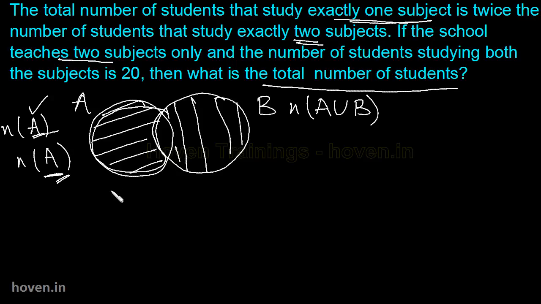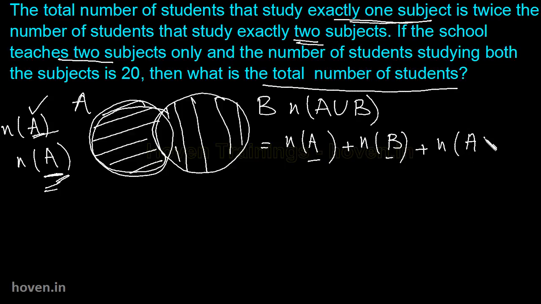So there is no doubt right now that the formula will involve underscore. So quickly I write here n(A union B) is equal to n(A underscore) plus n(B underscore) plus n(A intersection B). This is the formula we derived the other day.